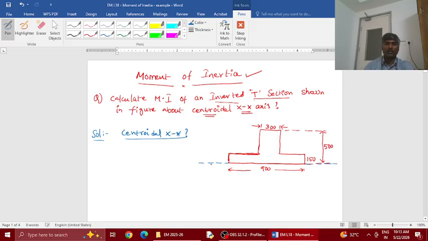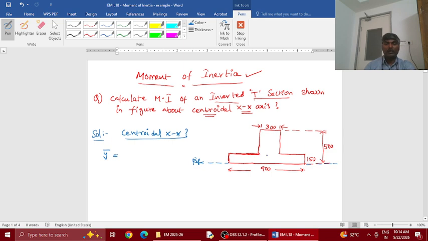So I go for the bottommost horizontal line as my reference line. To locate the centroidal x axis, you need to calculate the y bar value of the centroid. So this is the requirement, y bar.